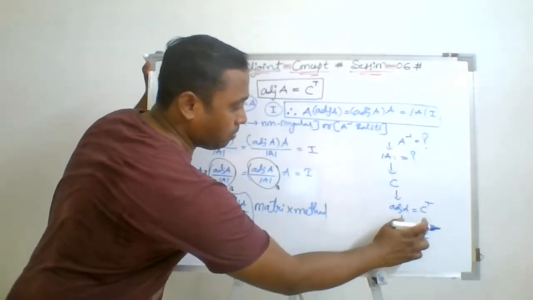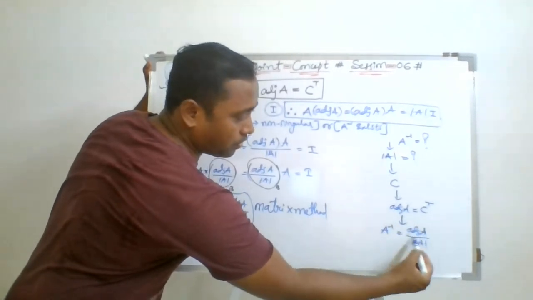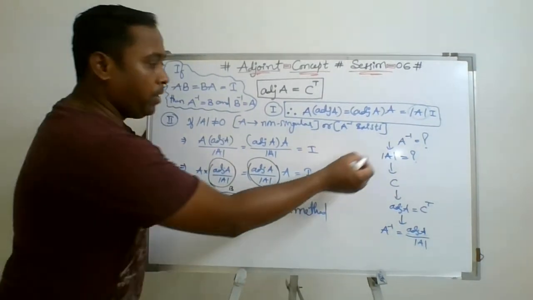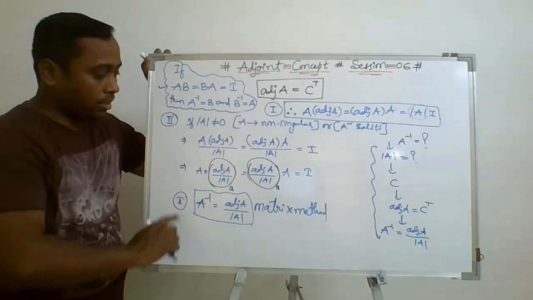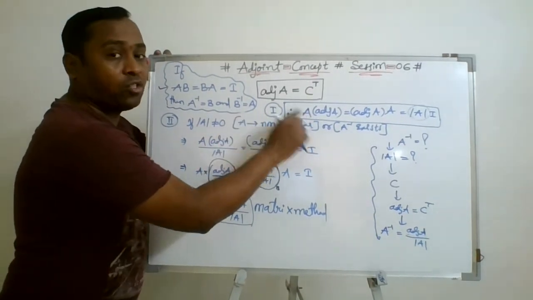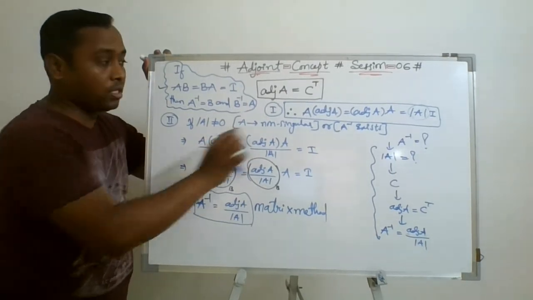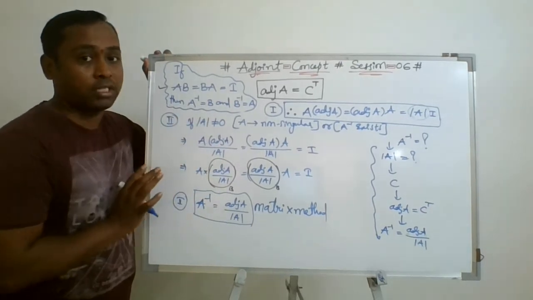Adjoint matrix divided by det A means every element of this matrix is divided by this constant. It's a simple way to find A inverse. This result is obtained from the main result, which was A into adjoint A is always equal to det A into I. Remember this result, very important.